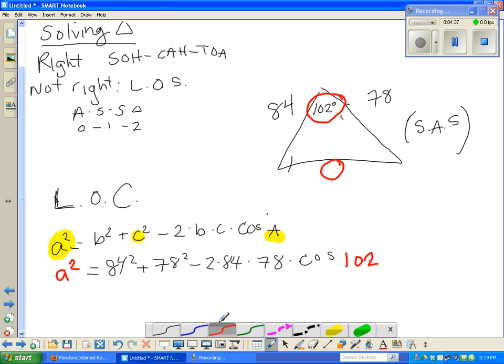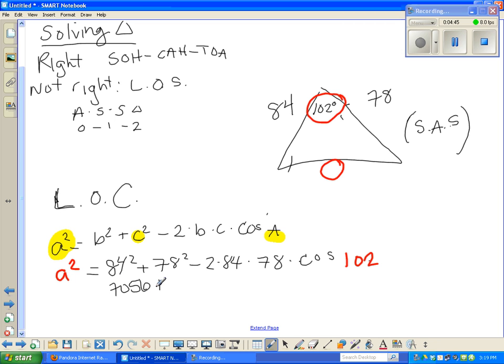So what I like to do is 84 squared, which I got to be 756, plus 78 squared, which is 6048, and then you subtract and type all this in. 2 times 84 times 78 times cosine 102, and I got negative 2724.47. So hopefully this is what you got as well, and you are remembering that when you subtract a negative, you are really going to add the opposite.